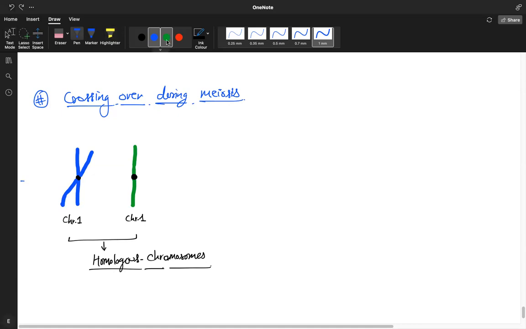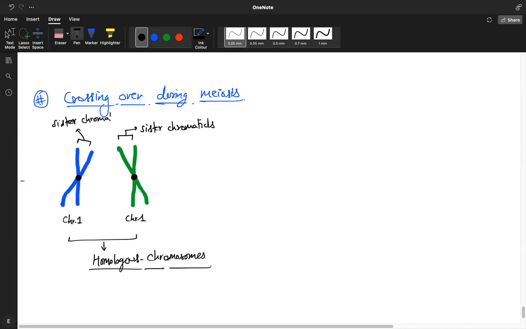Now, these homologous chromosomes will form sister chromatids during DNA replication. I'm using these 2 different colors for a reason. I'll tell you why. During DNA replication, let's say both the homologous chromosomes have made their sister chromatids. So these 2 are now sister chromatids, and these 2 are also sister chromatids.